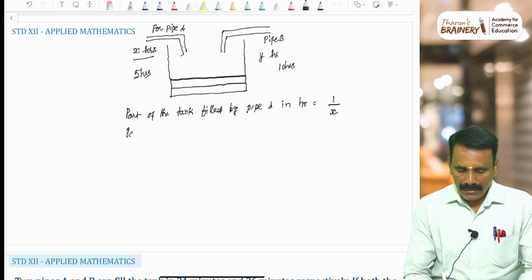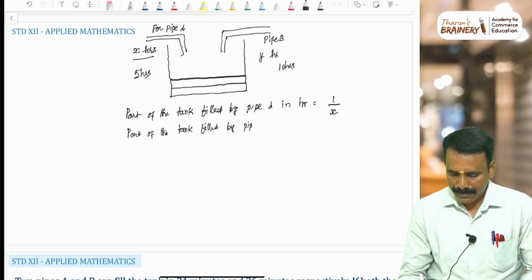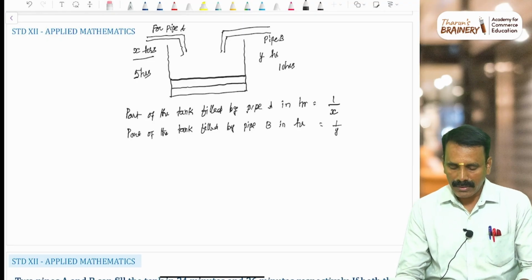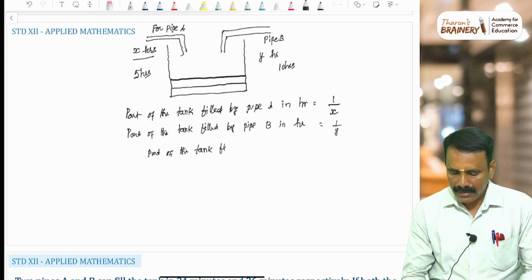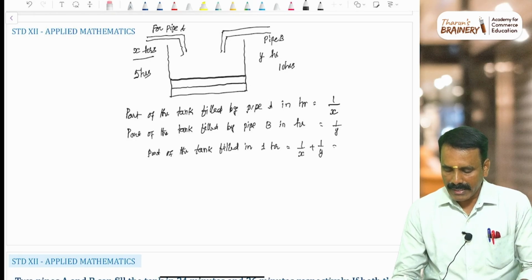And the part of the tank filled by pipe B in 1 hour will be equal to 1 by Y. If both the pipes are open together, then the part of the tank filled in 1 hour will be 1 by X plus 1 by Y. When you take LCM, you will get (Y plus X) divided by XY.